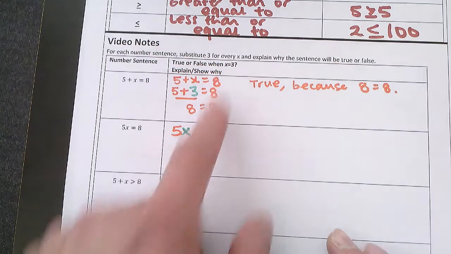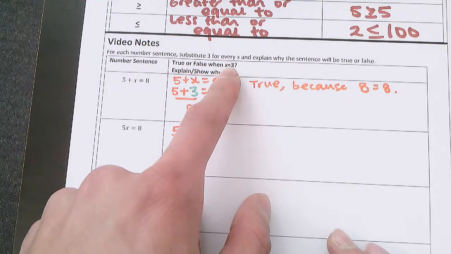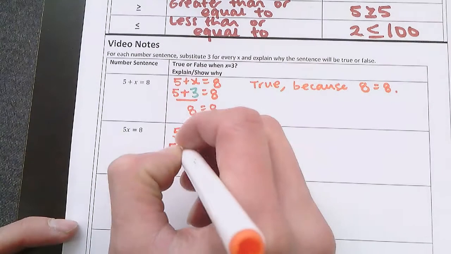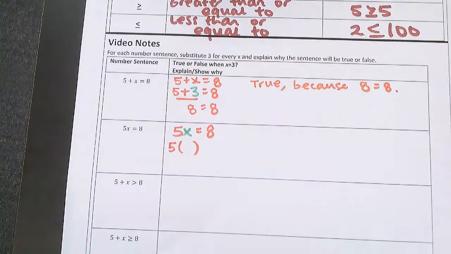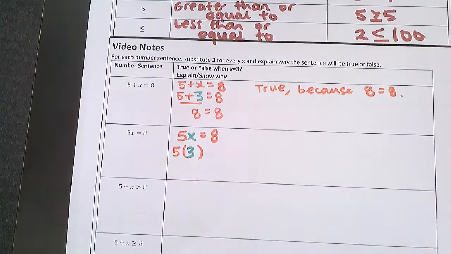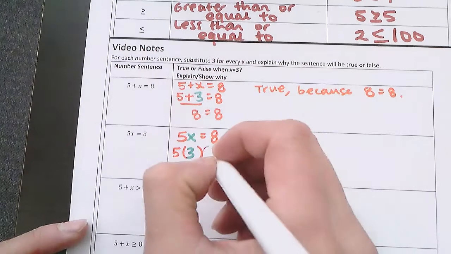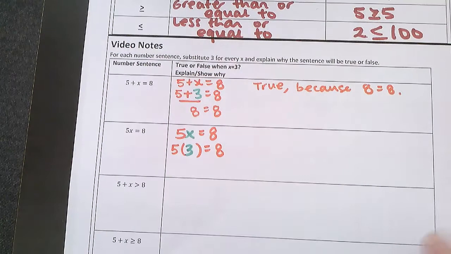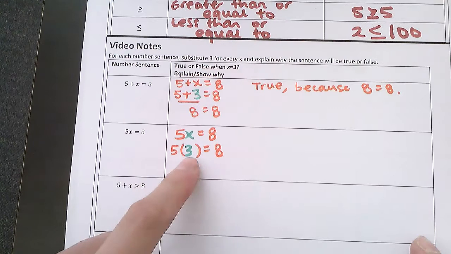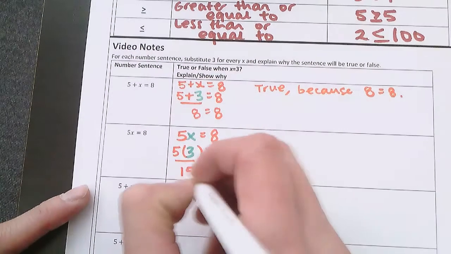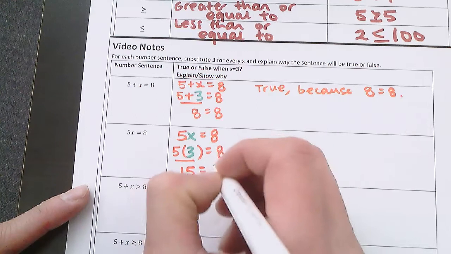So if we substitute x equals 3 in for x, that would be the same thing as 5 times 3, and we're seeing if that is equal to 8. So here, 5 times 3 is 15, and then we still have the equals 8 on this side.